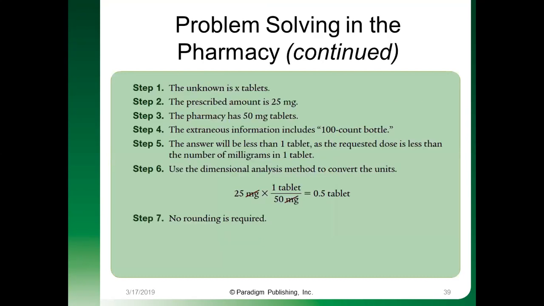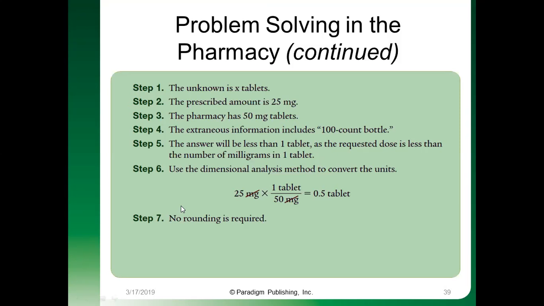Let's go over the steps. The unknown is X tablets. The prescribed amount is 25. The pharmacy has 50 milligram tablets. The extraneous information is the 100 count bottle. Your answer will be less than 1 tablet because we're going from a greater dosage to a smaller one.